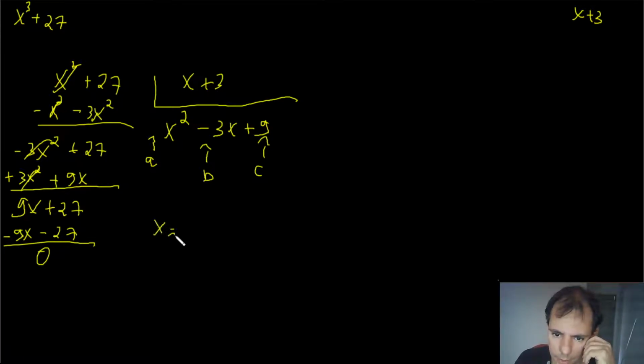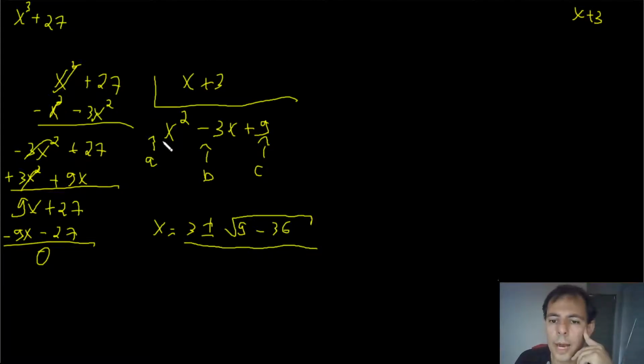X is going to be minus b, which means 3, plus or minus the square root of b squared, which is 9, minus 4ac, minus 4 times 1 times 9, minus 36, divided by 2a. 2 times 1 is equal to 2.